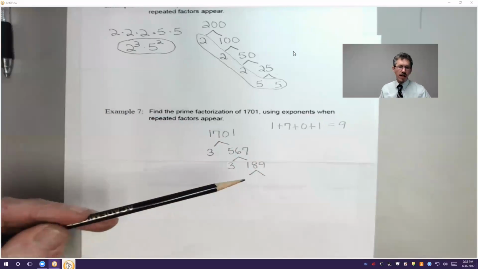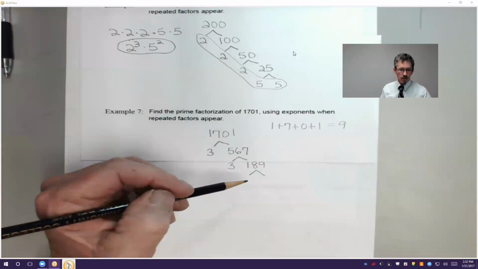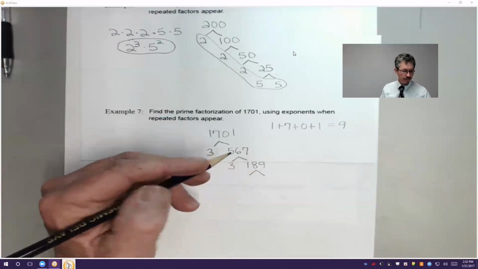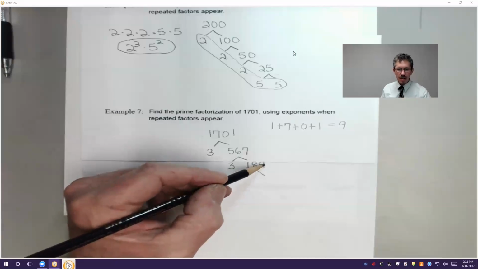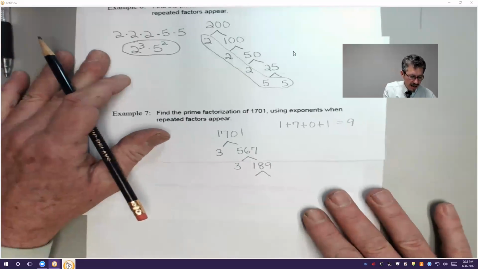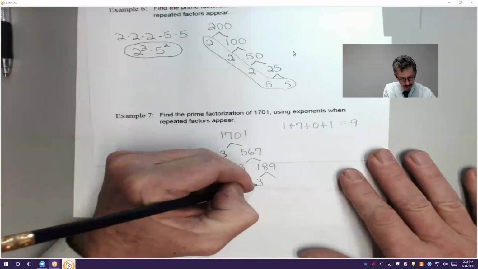So we go on trying 3 until it won't work anymore, and then we would move on to 5. Is 189 divisible by 3? Let's check. 1 plus 8 is 9, plus 9 more is 18. We already decided that 18 is divisible by 3, so 189 is also divisible by 3.